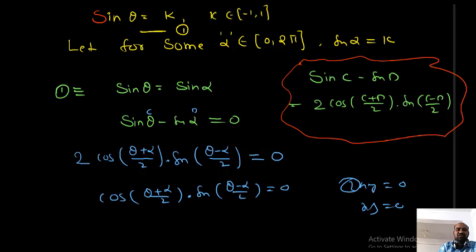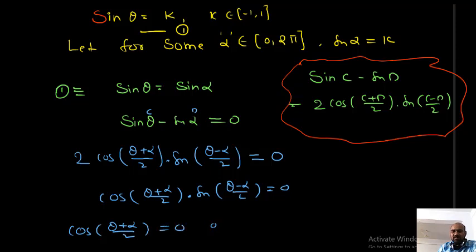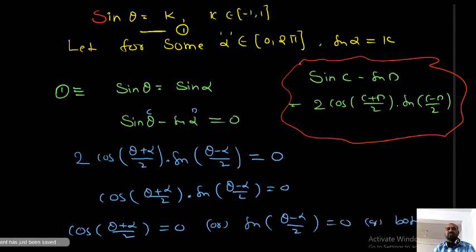When x into y equal to 0, either x equal to 0 or y equal to 0, or both x and y are 0. That I will write. Cos of (theta plus alpha) by 2 equal to 0 or sin of (theta minus alpha) by 2 equal to 0, or both. Both should be 0. Okay, next page I will write.